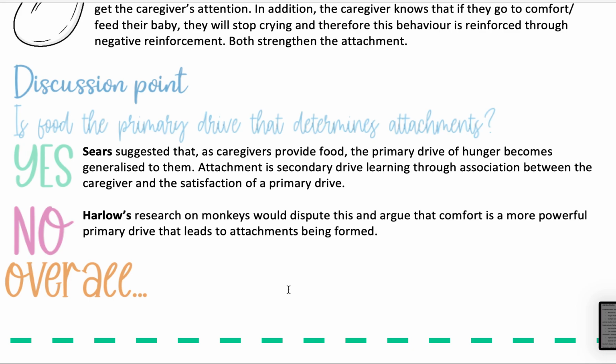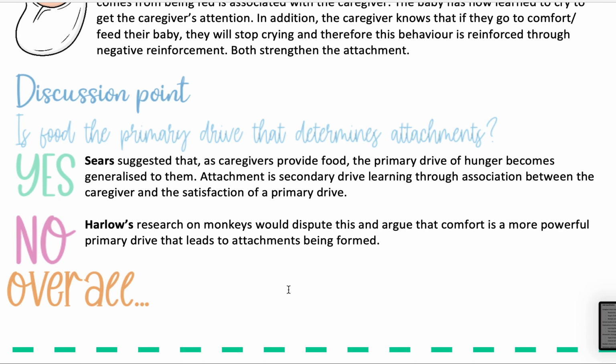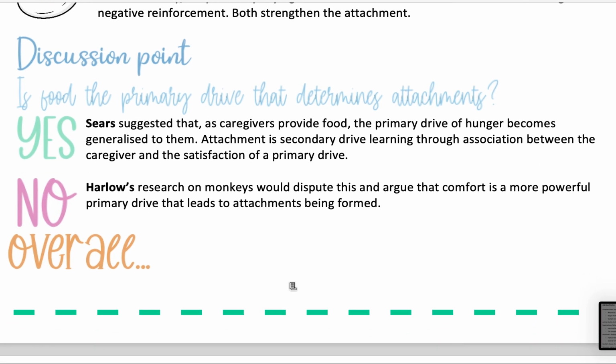This suggests that the idea that people form attachments with people they feel safe with and comforted by is probably more valid, because Sears or Dollard and Miller's argument has limited use, as it can only explain why children form attachments with people who feed them, not other people.